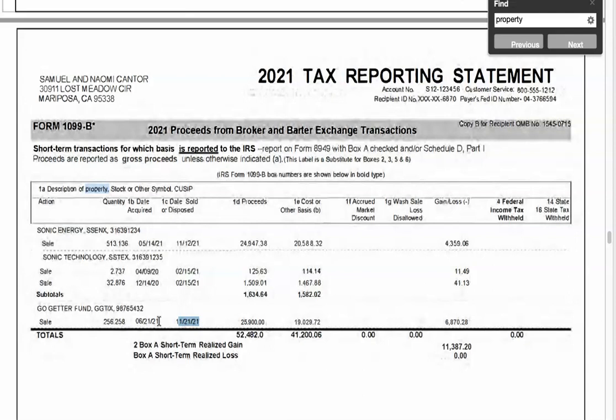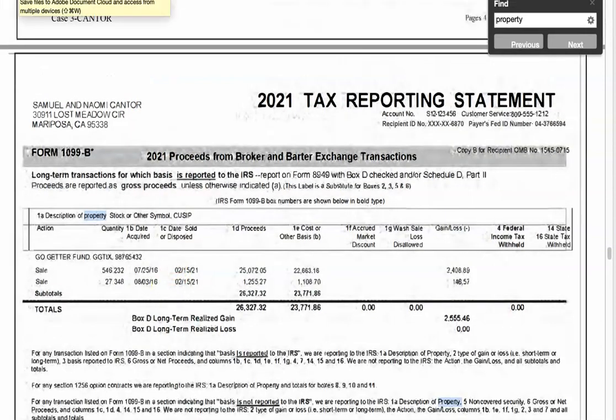And it's possible the brokerage would issue a corrected statement, but it's also possible that you're going to have to put a note in the tax return for purposes of helping the taxpayer should the IRS come back and question why their numbers don't match the numbers on the tax return. Here's page 4 showing long-term gains or losses, and the 2 sales were done in February of 2021, so they would not be affected by a death in August.